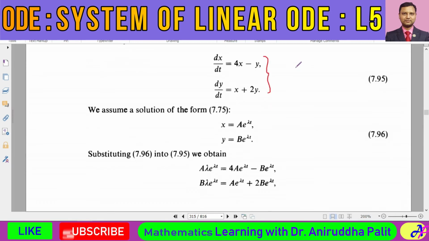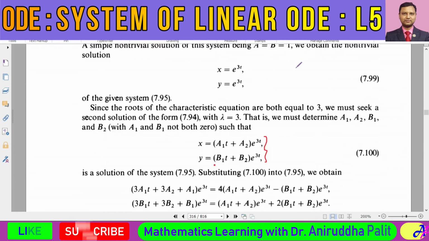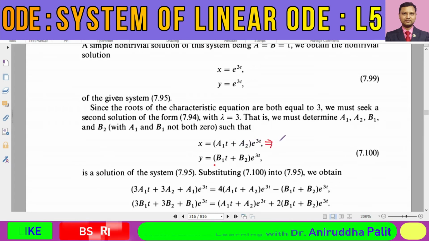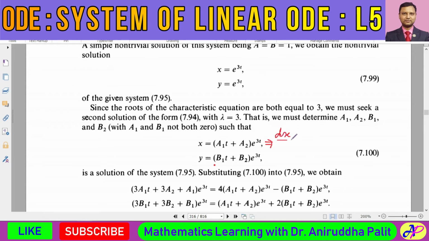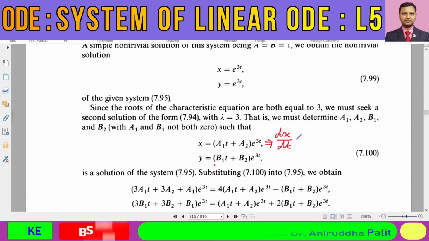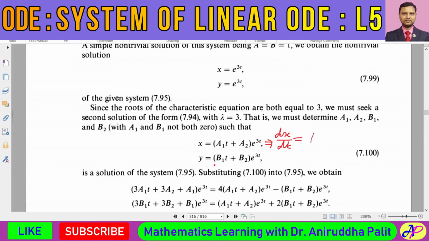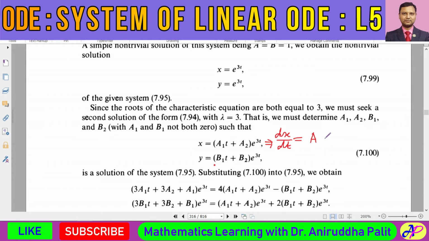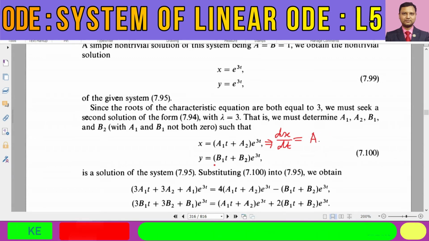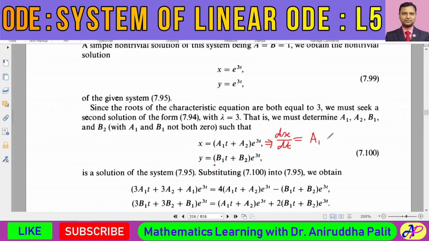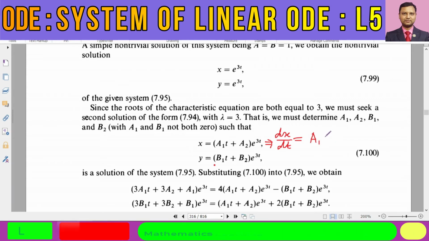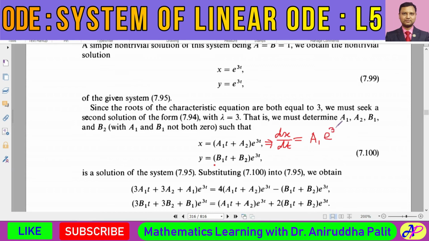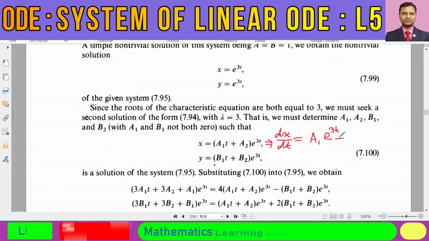we have taken x is equal to (a1 t plus a2) into e to the power of 3t. Then what is dx/dt? dx/dt is equal to a1 into e to the power of 3t, by the product rule.